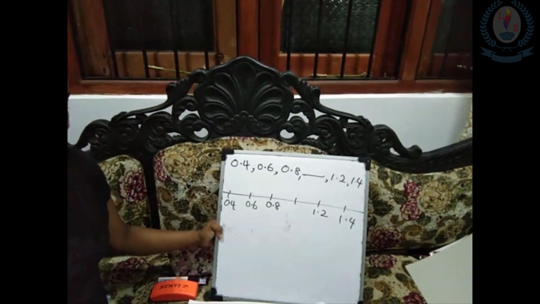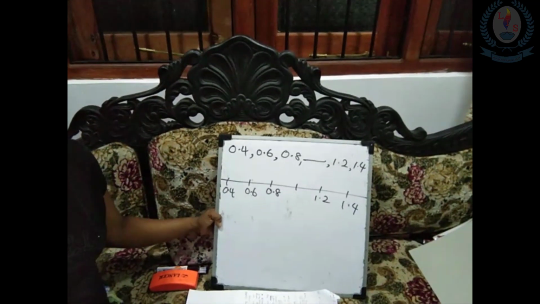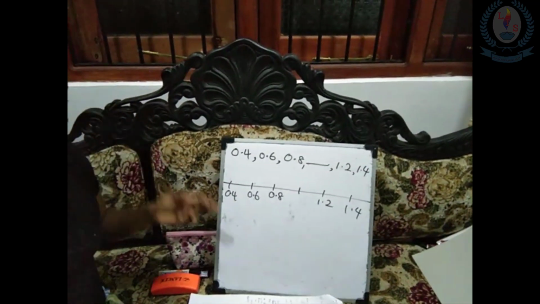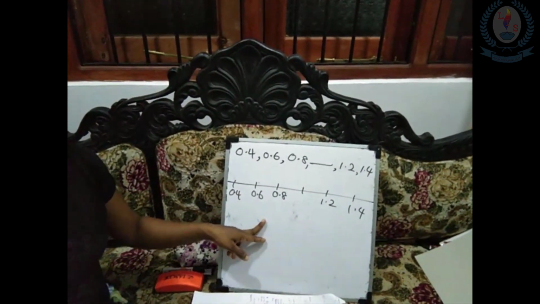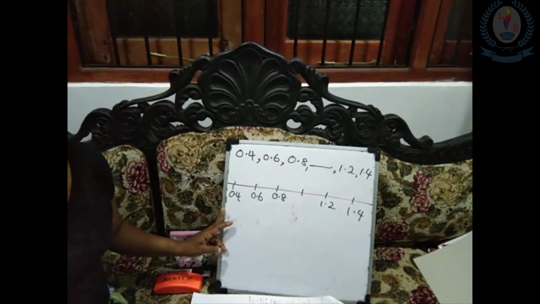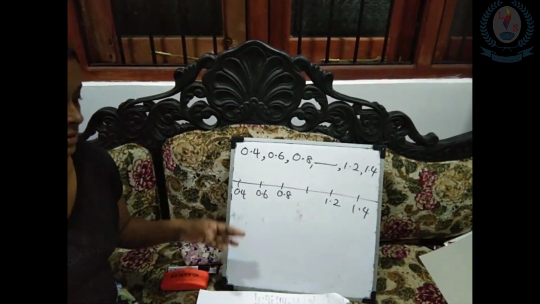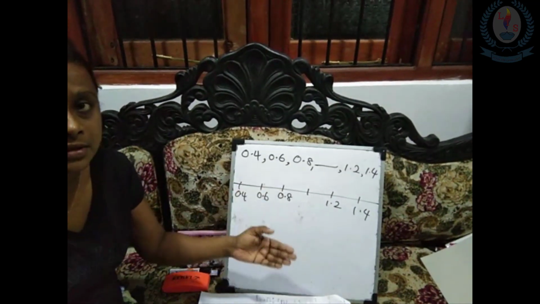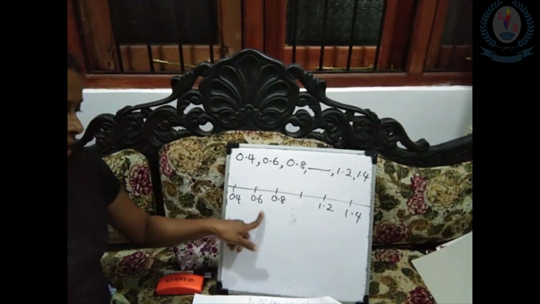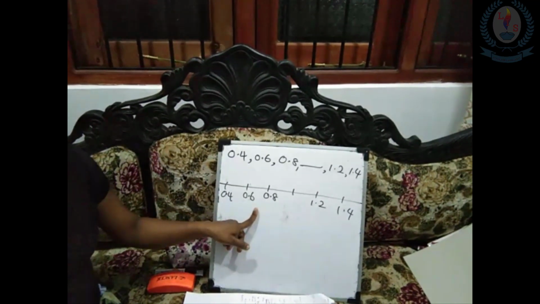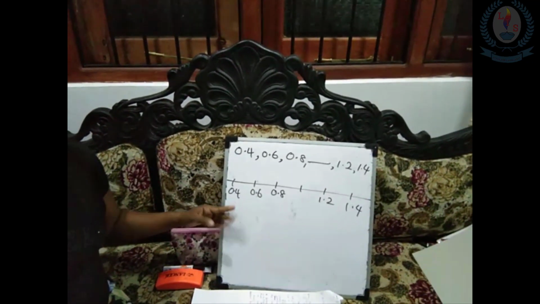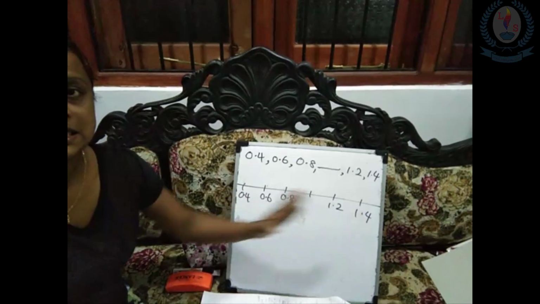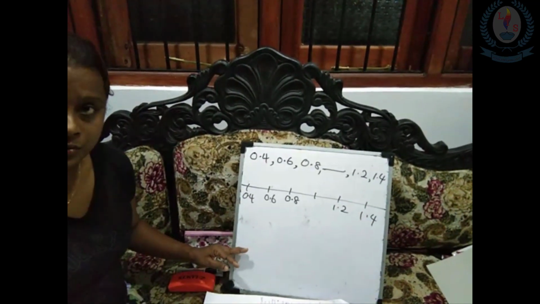Before we complete a number pattern, we should look whether the second number is smaller or greater than the first number. From that we can think whether we have to count back or count on. Here the second decimal is greater than the first one. It means the value is increasing, so we have to count on.